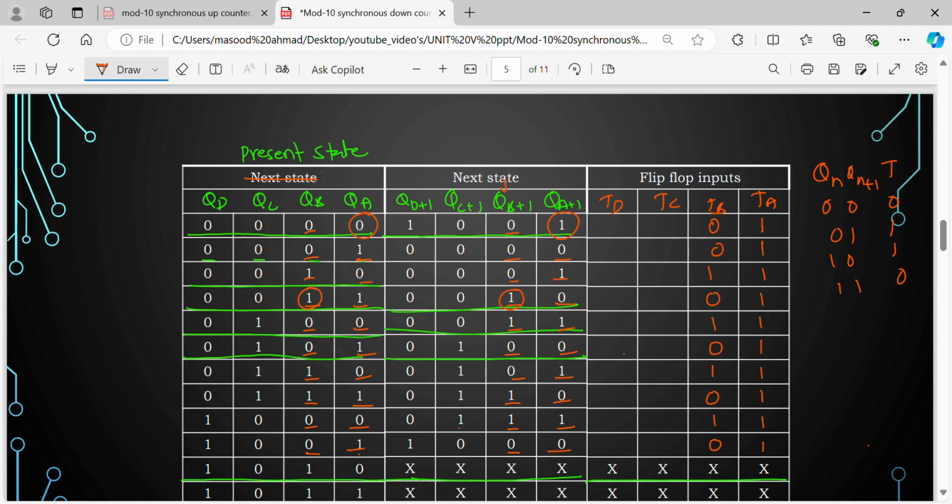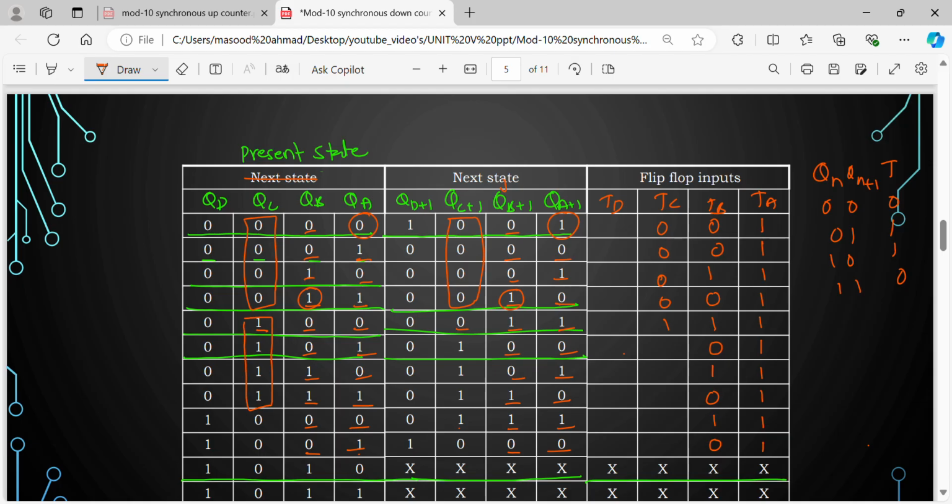Similarly for TC, look at QC and QC plus 1. In QC, the first four are zeros, so TC is 0, 0, 0. In the first four, this is 1, this is 0, so it is 1. Next, see the ones. How many ones do I have? I have 4 ones in QC.